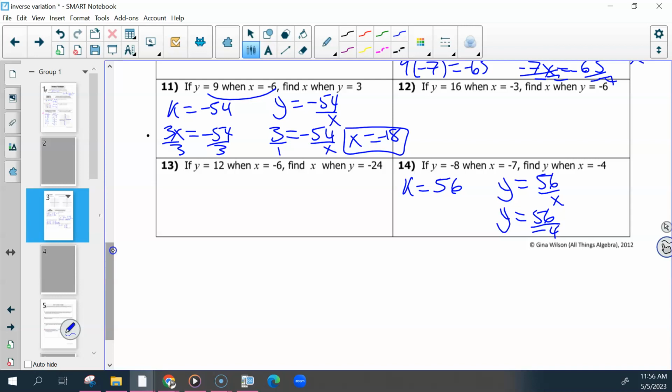What would you get? Questions on how to find the missing variable with inverse? Go on to the next page. We'll do a few word problems, and then we'll be done.